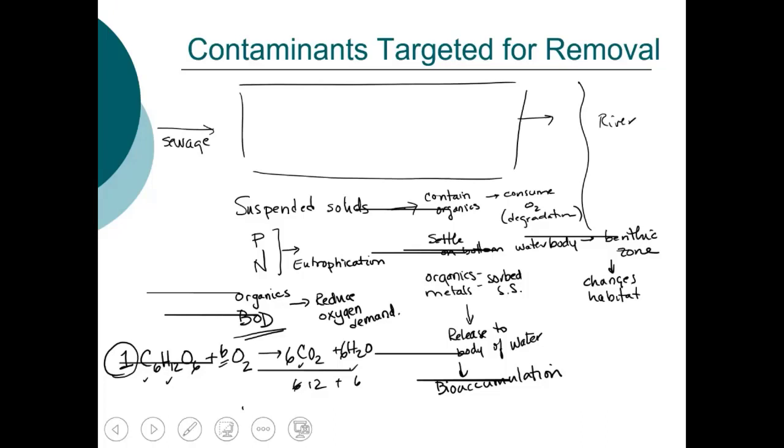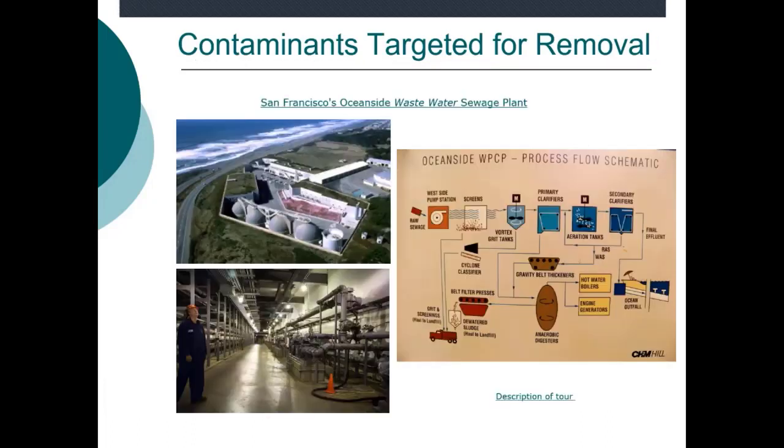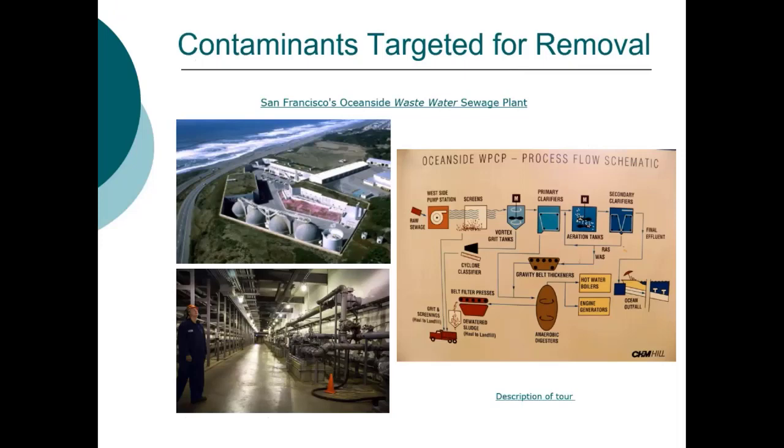There are other contaminants. We mentioned oils and grease. So we also want to remove, and you'll see it abbreviated as FOG, fats, oils, and grease. We don't want that being released to the body of water. So what we will do today and then also through next week is look at wastewater treatment.